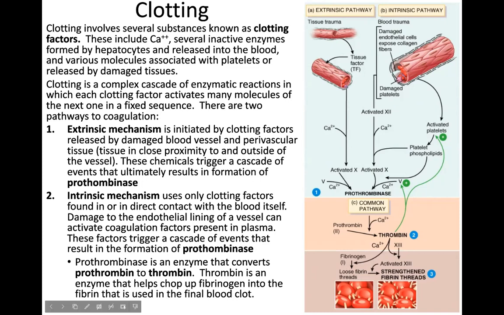Now, the formation of a clot is a complex cascade of enzymatic reactions where each clotting factor is like a domino knocking down the next. Okay. Many molecules are activated in the next one in a fixed sequence. Okay, and there's two pathways, what we call the extrinsic pathway or mechanism, as I have it listed here, and the intrinsic mechanism or pathway.